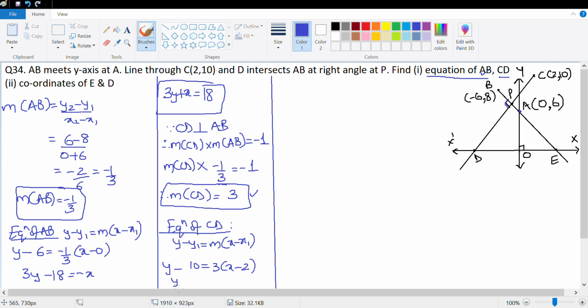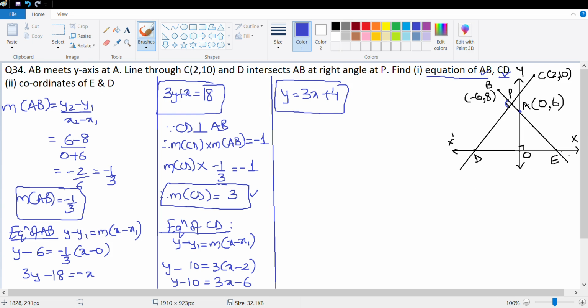Let's open the bracket. y minus 10 is equal to 3x minus 6, which means y is equal to 3x minus 6 plus 10, which gives me plus 4. So this is the equation of CD. This part is also done.